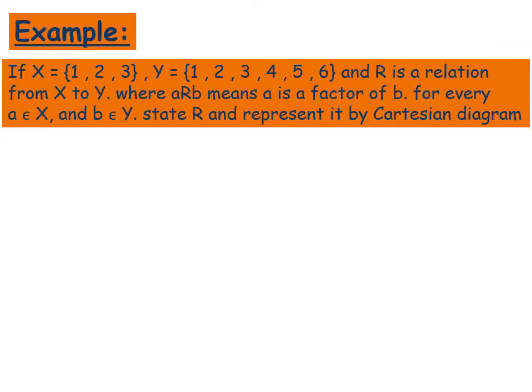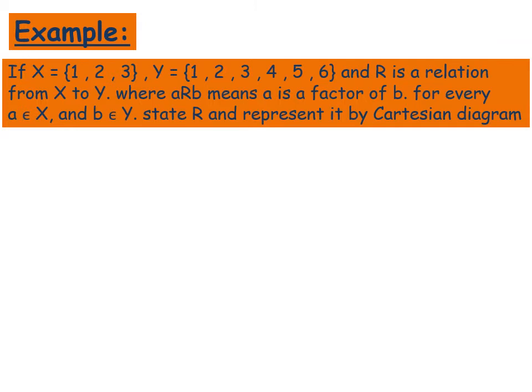I'm searching for a relation. So what is the condition? The condition is a is a factor of b. It means that the first number must be a factor of the second number. So I will take every element in X and search what number in Y satisfies this condition, which is a is a factor of b.